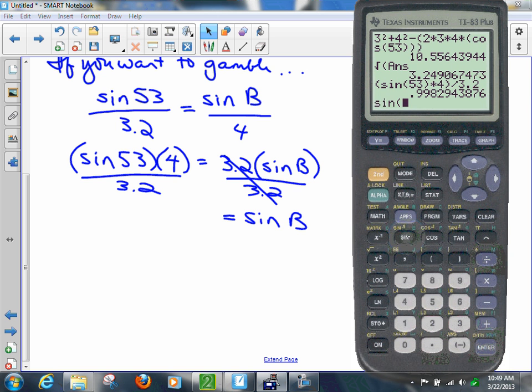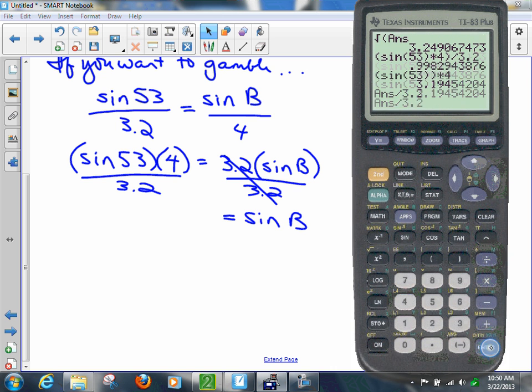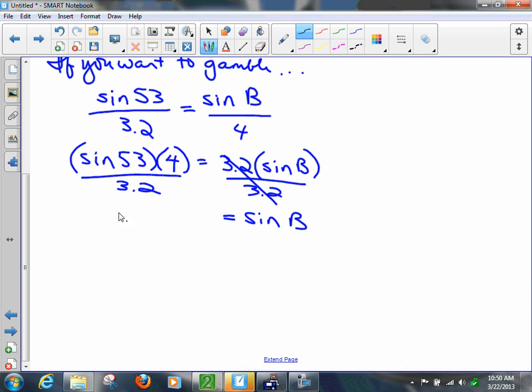All right, let me try that again. Times 4 divided by 3.2. Okay, got the same thing. So I've got 0.9983, 0.9982, blah, blah, blah. But I've got to find the measure of angle B. So how am I going to do that?